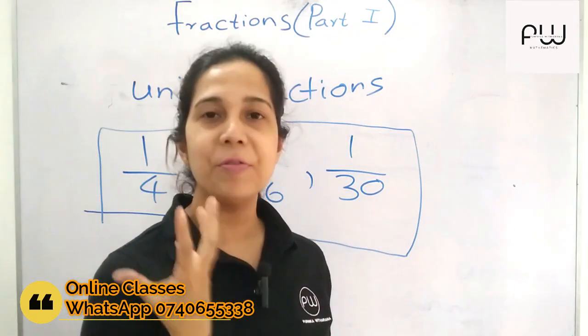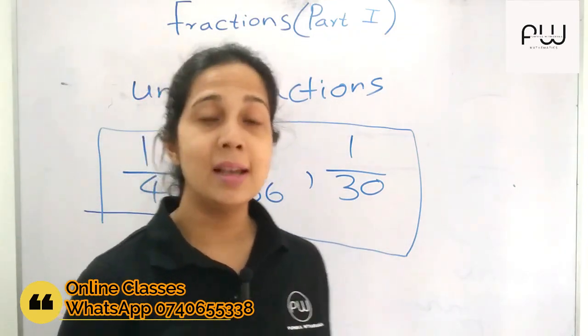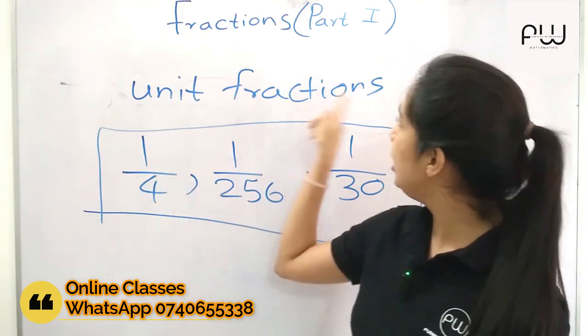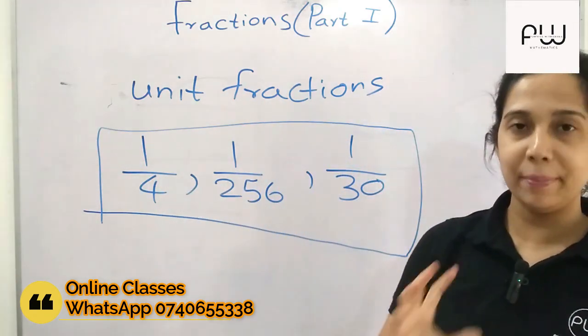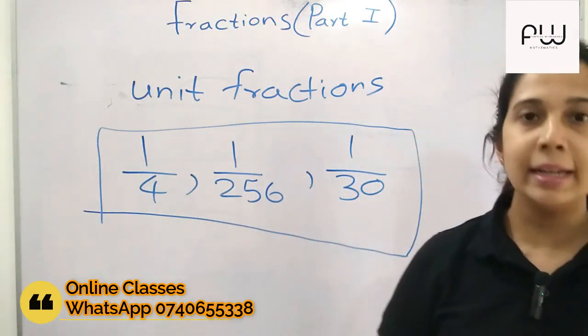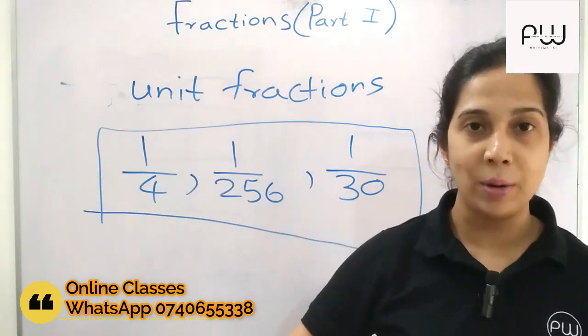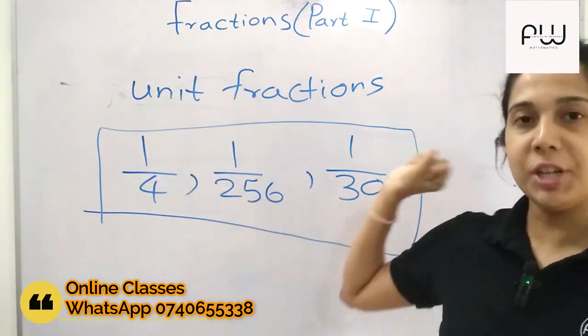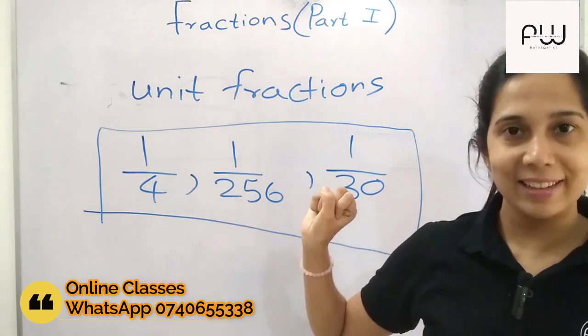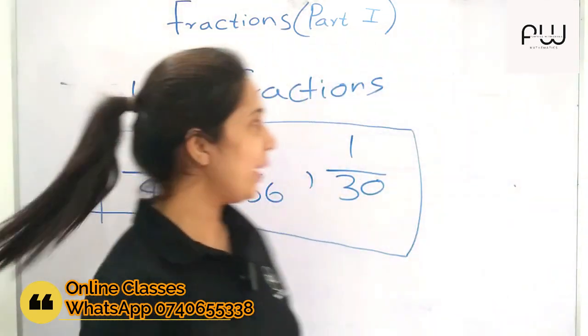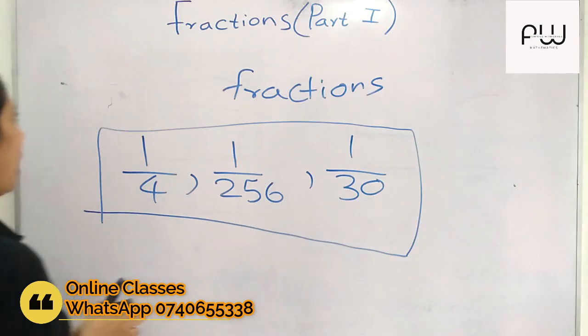These kinds of fractions are called unit fractions. It means if the numerator is 1, then that kind of fraction is called a unit fraction. Got it? Then quickly move to the next one.